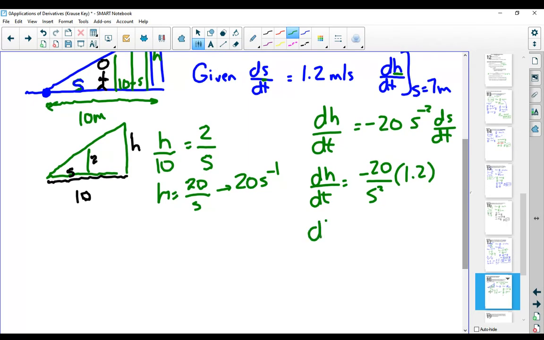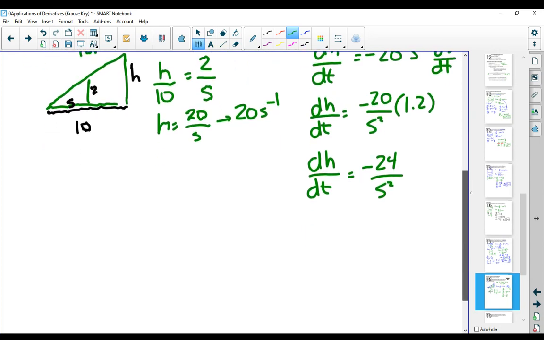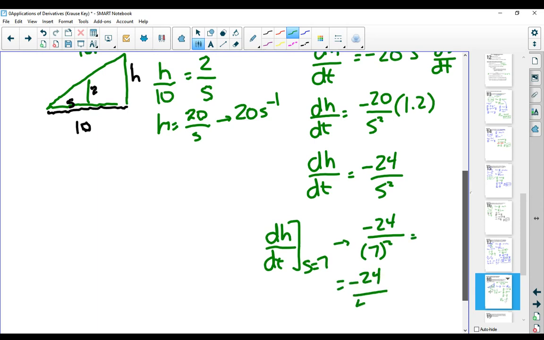So dH/dt, negative 20 times 1.2 is 24, so negative 24 over S squared. We're told that S is 7, so we can sub in that information. So dH/dt, when S is equal to 7, is negative 24 all over 7 squared, which is negative 24 all over 49. And we're talking about the change in height with respect to time, so it's meters per second.